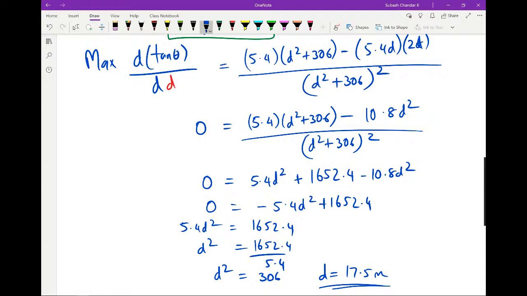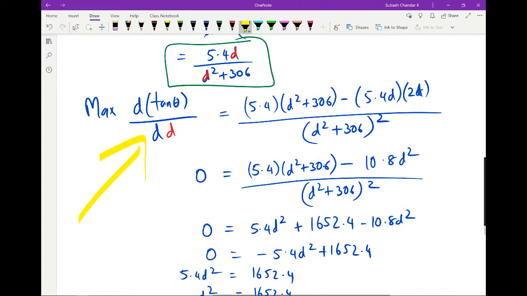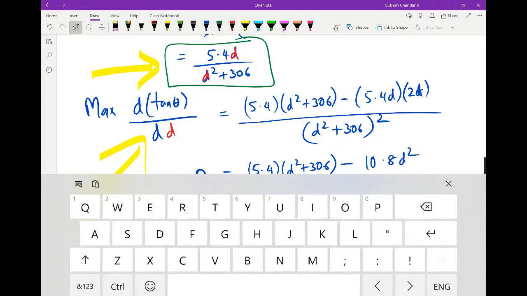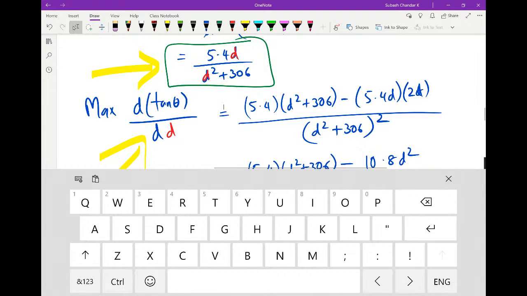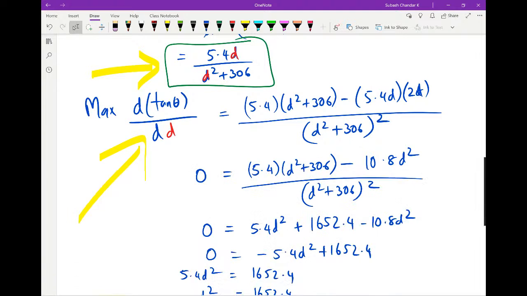Now, Jacob, we're not actually differentiating tan theta at all. We're differentiating what that function is equal to. So tan theta equals this thing here in the green box, and we're differentiating that. It's like when you ask what's the maximum value for y.